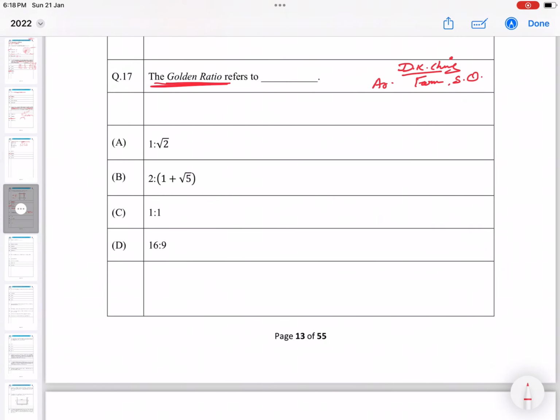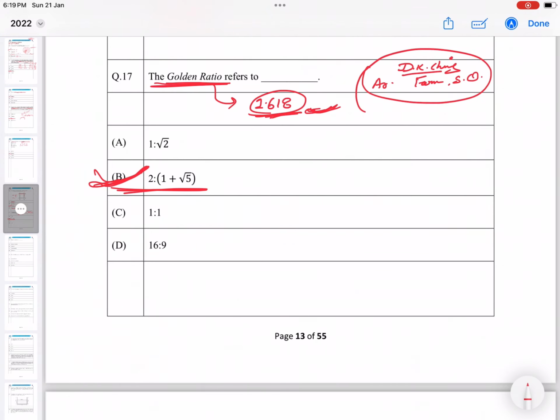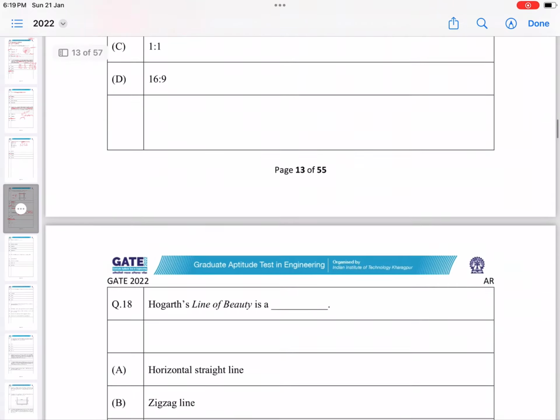This book shares a lot about the golden ratio, and we know that the golden ratio is 1.618. The ratio which gives us this number is known as the golden ratio. Here we know that it is B. So B gives this number. If you want to read in full detail, I suggest you read this book by D.K. Ching, Form, Space and Order.